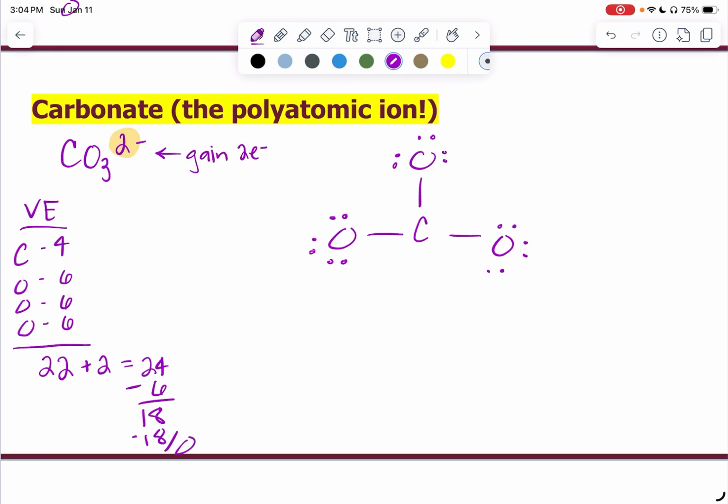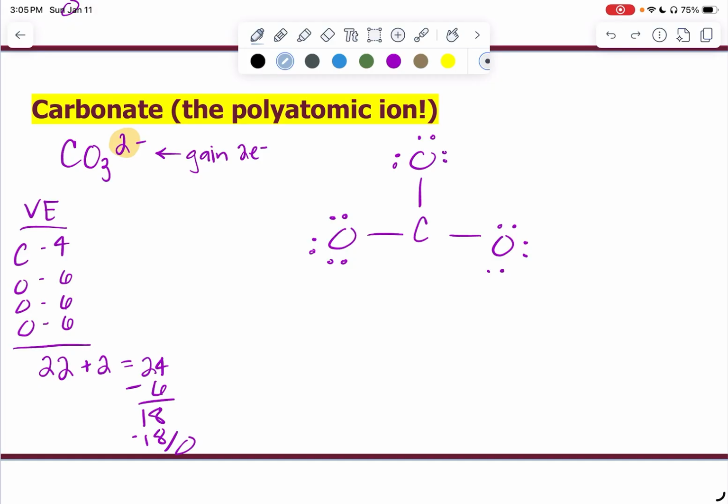At first glance, it might be like, oh, that worked out pretty well. All my oxygens have an octet. Those look good. But notice carbon in the middle, it does not have an octet. Carbon does not have 8 electrons around it. It only has 6. So we are not done. Now, here's the question: which pair do I move?